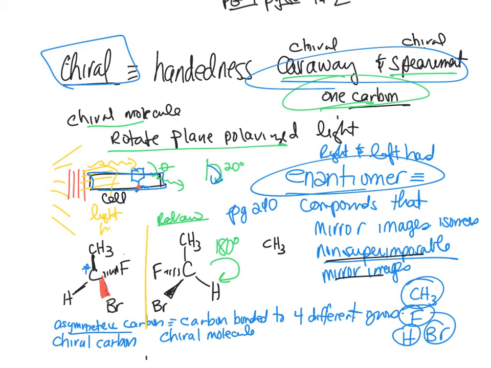Okay, this is your original compound. Don't redraw that, leave that there. So when you redraw this, you're going to have the carbon. Here, let's erase this here. Okay, so when you redraw this, you're going to have the carbon, the CH3, what's in the plane.